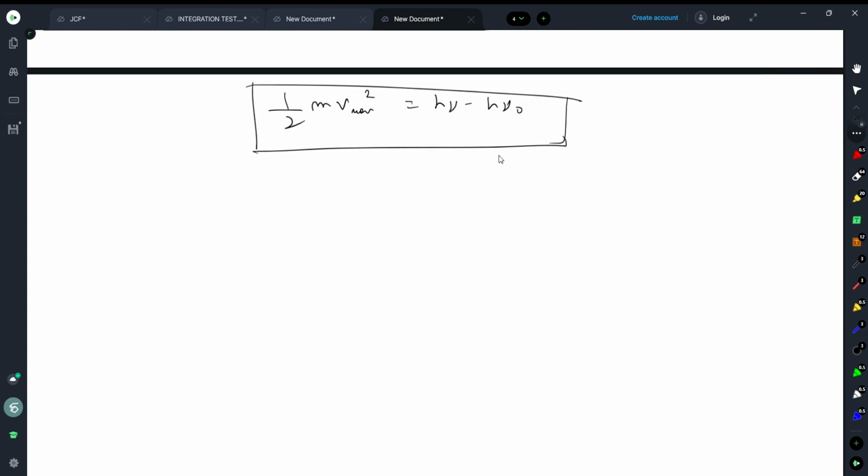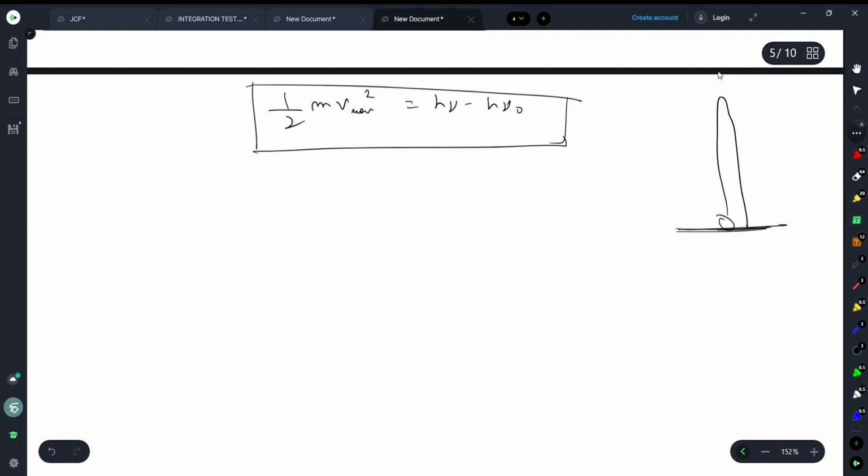Let's understand this with respect to gravitation. Suppose here is Earth's surface and here is a ball, and you throw it upwards. It goes like this and falls like this. At the bottommost point it has its kinetic energy maximum and potential energy zero. At the topmost point it has its potential energy maximum and kinetic energy zero.